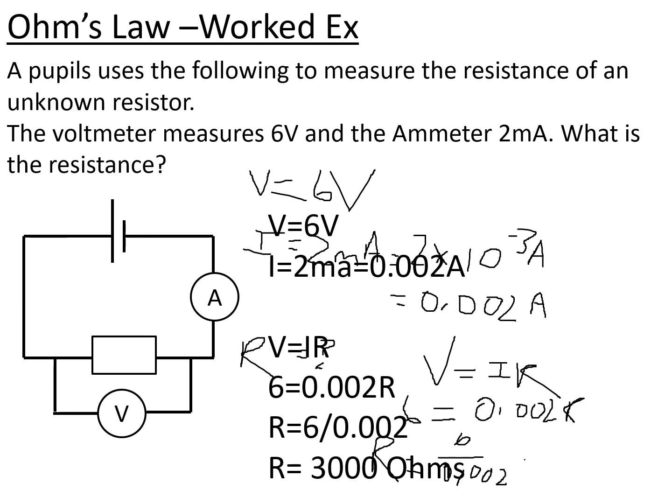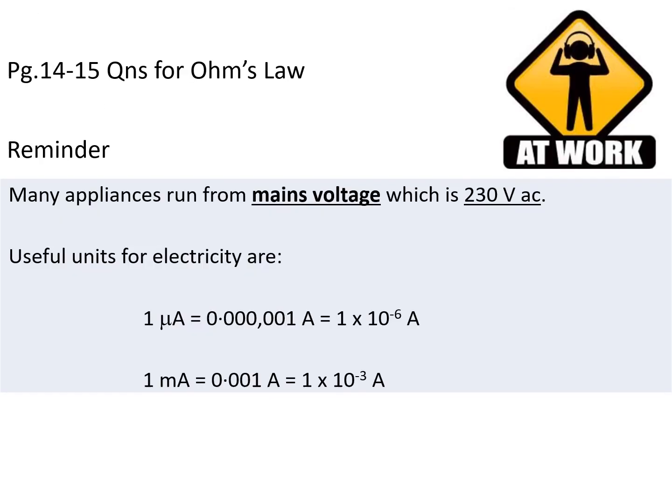Okay, and if my maths is correct, that should give me an answer of 3,000 ohms. Okay, and remember to put your units in at the end, folks. Yeah, and that's it. Okay, so practice makes perfect.